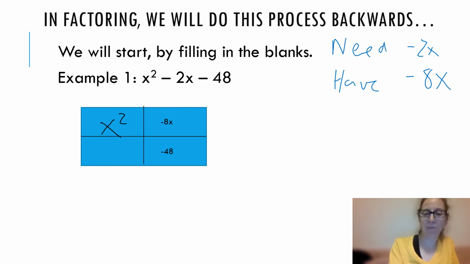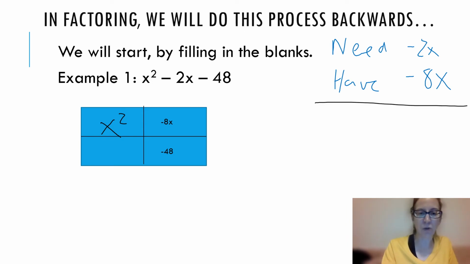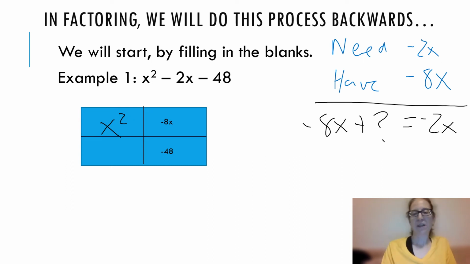So you can do this a bunch of different ways. I am not going to lock you into one way of thinking about it, but for a lot of students, this works pretty good. Negative 8x plus what equals negative 2x. At least that's how my brain processes it. Yours might be different, and that's okay.